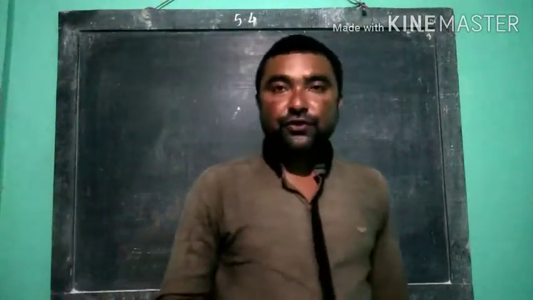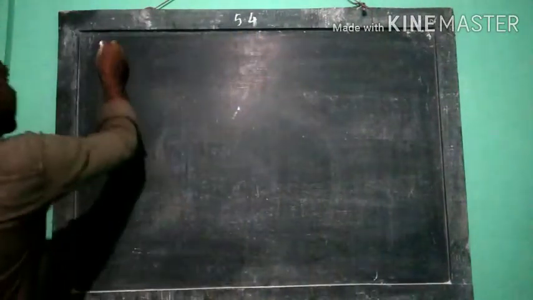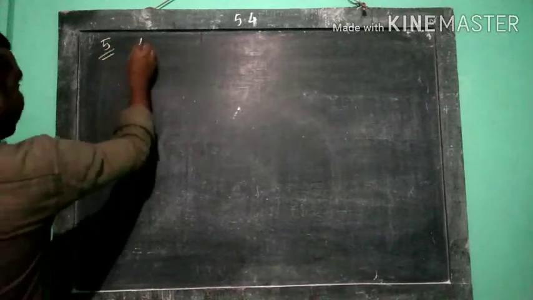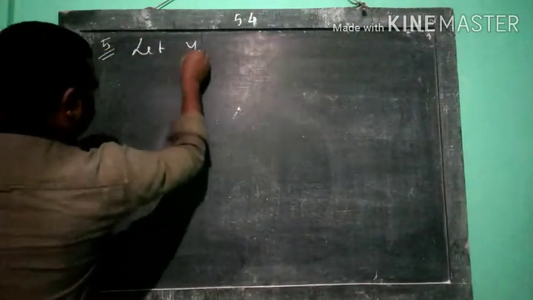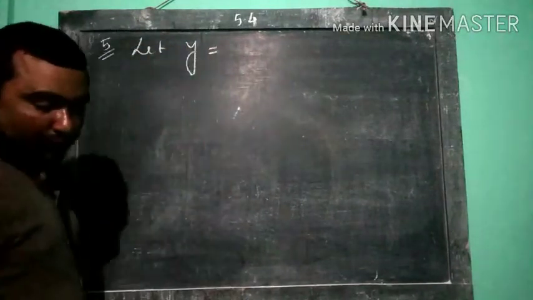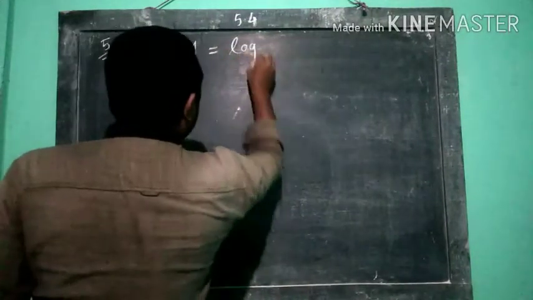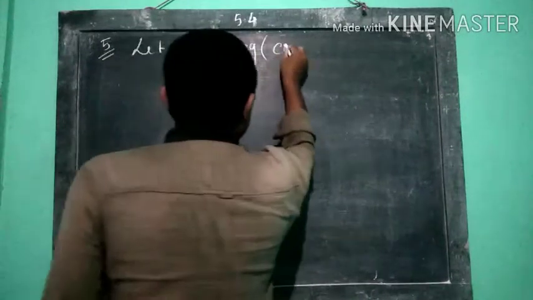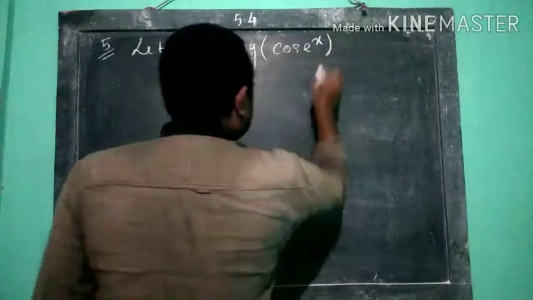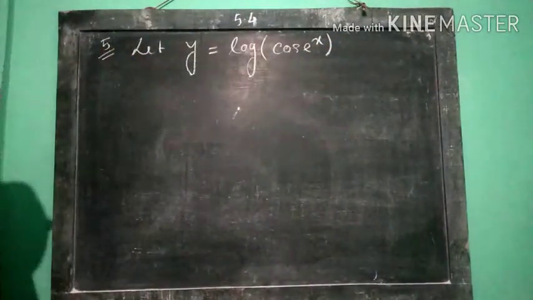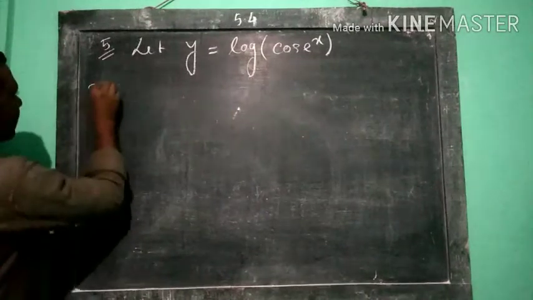Now we are going to solve question number 5. Let y equal log of cos e to the power x. It is given. So how to differentiate?